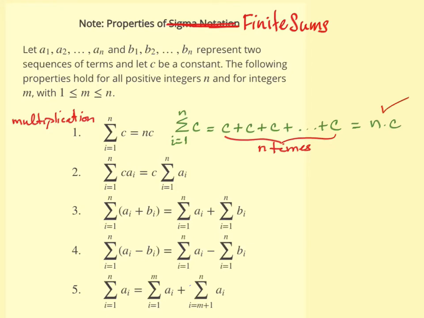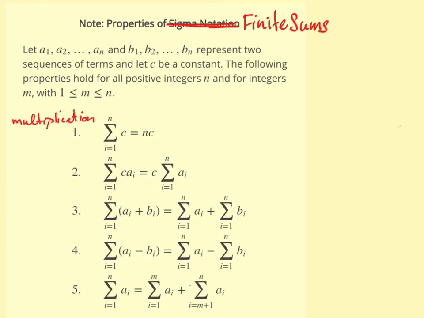So let's look at the second one. The second one is actually just the distributive property in disguise, just written in sigma notation. So let's look at why this is the distributive property. If we write out what the left side says, it says the sum as i goes from 1 to n of c times a sub i. What that means is each term has the same c in it, but the a's change.